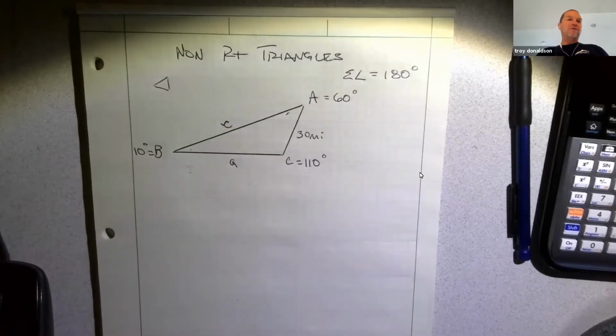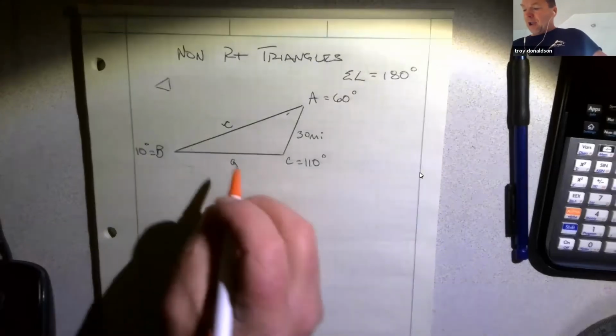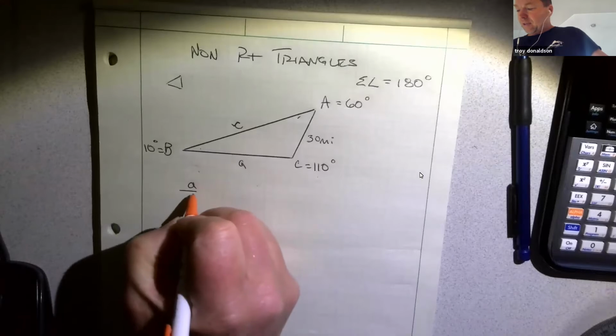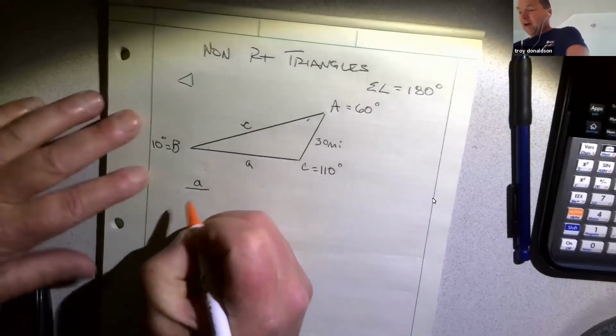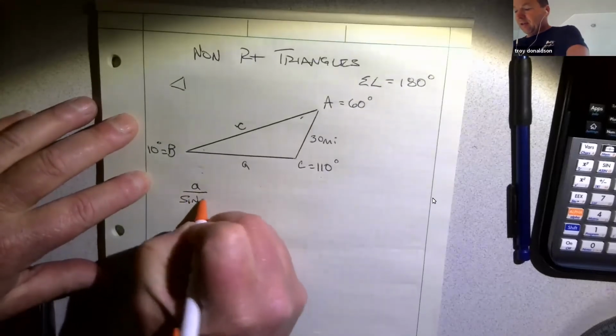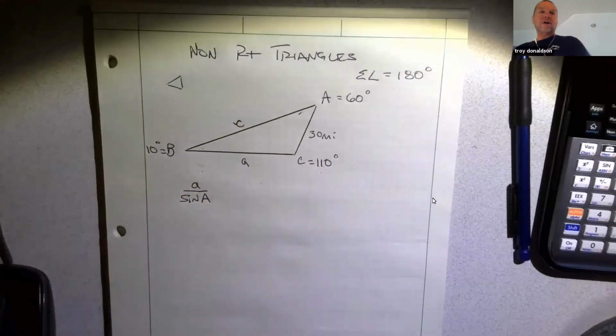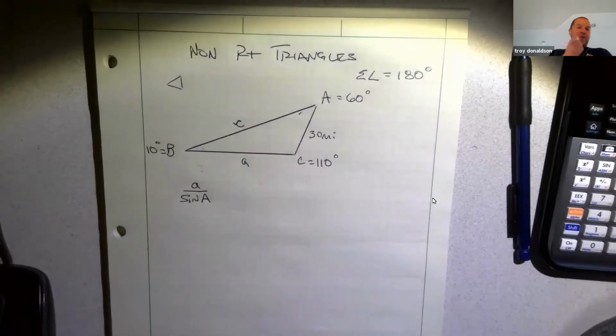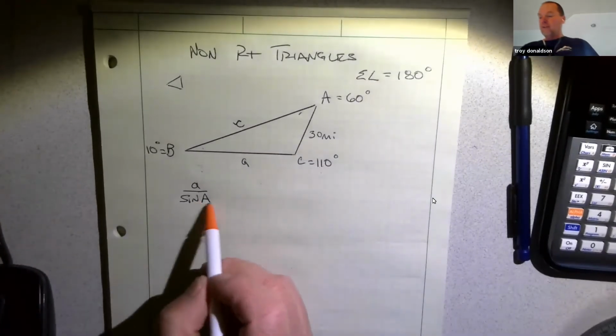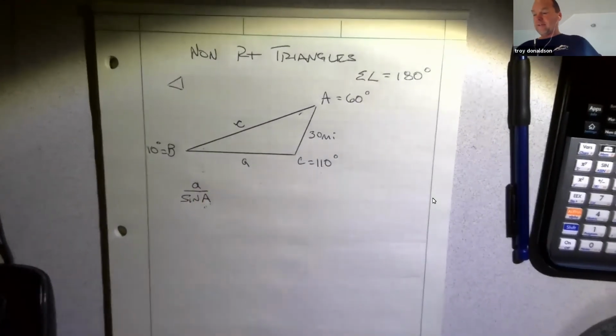And since I can't use the trig functions, I have to have some other equations that I can use. One of them is called the sine law. So I'm going to write it: A over the sine of A. Notice that I have lowercase on top and uppercase down below for the angle. This is angle, this is a distance.